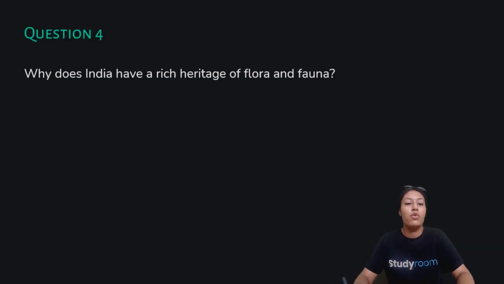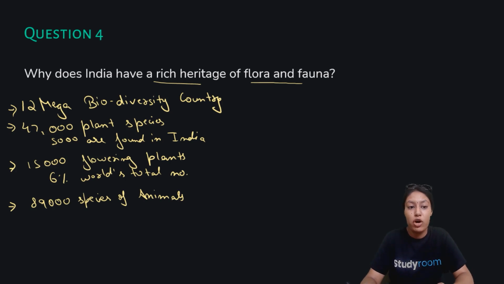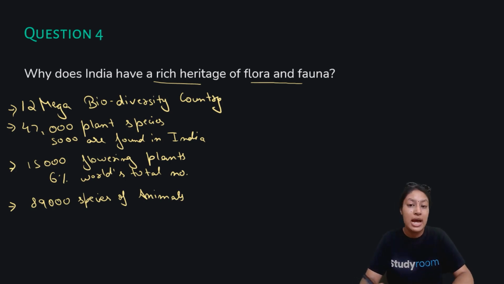Next, question number 4. Why does India have a rich heritage of flora and fauna? India has a rich heritage of flora and fauna because India is one of the 12 mega biodiversity countries. In the world there are 47,000 plant species, and 5,000 among them are found in India.